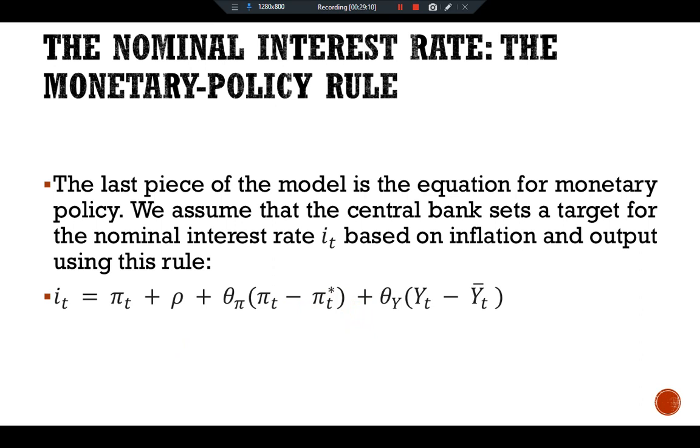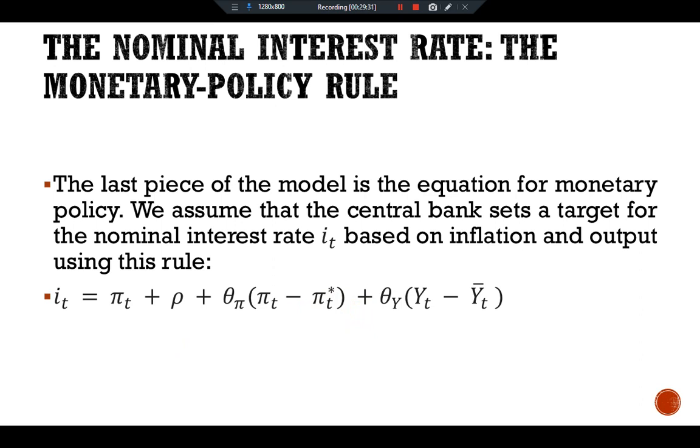For most purposes, target inflation can be assumed to be constant, but we will keep a time subscript on this variable so we can examine what happens when the central bank changes its target.